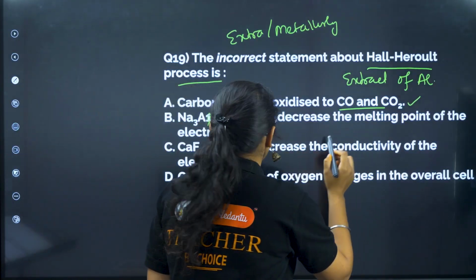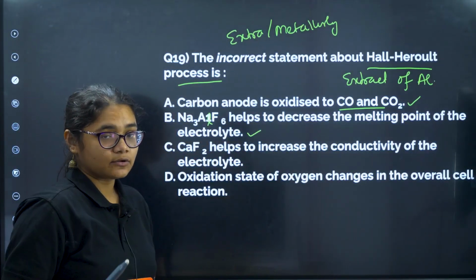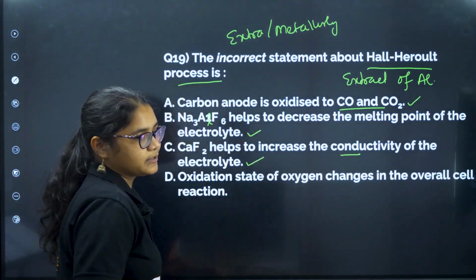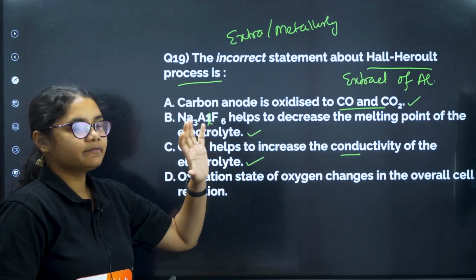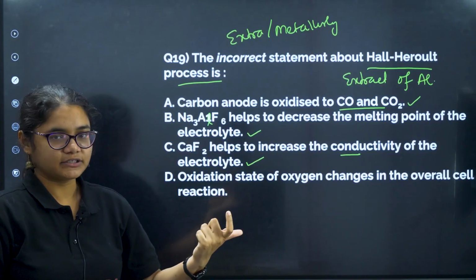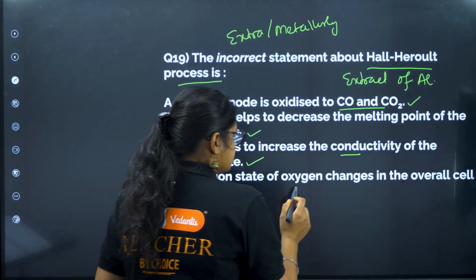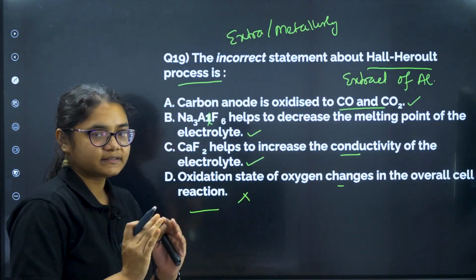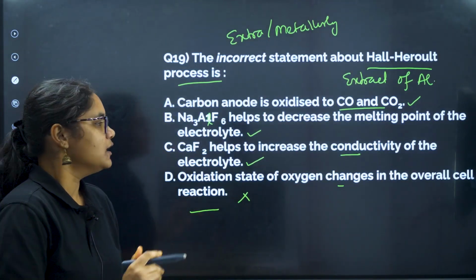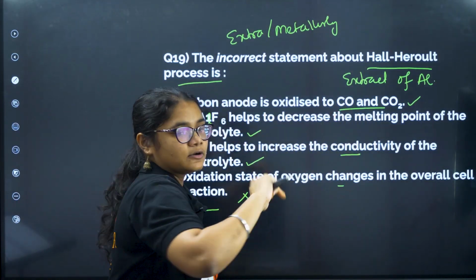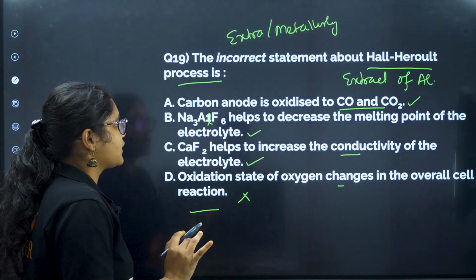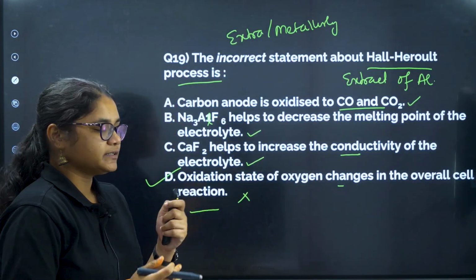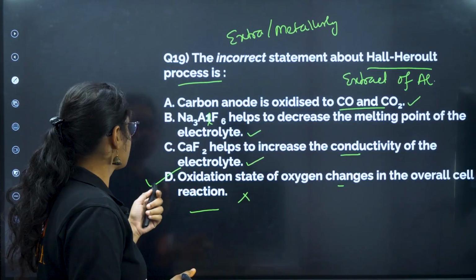Na3AlF6 helps to decrease the melting point of the electrolyte. This statement is also correct. CaF2 helps to increase the conductivity of the electrolyte. This is also correct. So these are the different things used in this process and their functions. Now, oxidation state of oxygen changes in the overall cell reaction. This is incorrect. The oxidation state of oxygen remains the same throughout the process. Carbon gets oxidized, so its oxidation number changes. So the incorrect statement is option number D. So the correct answer for this question will be option number D.